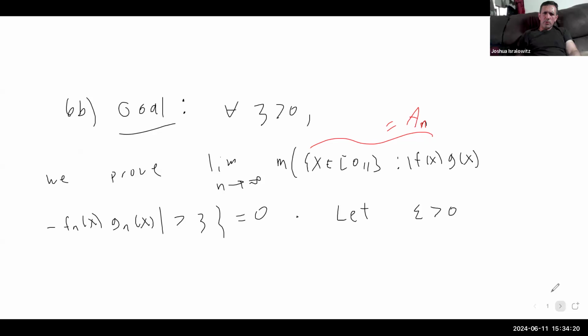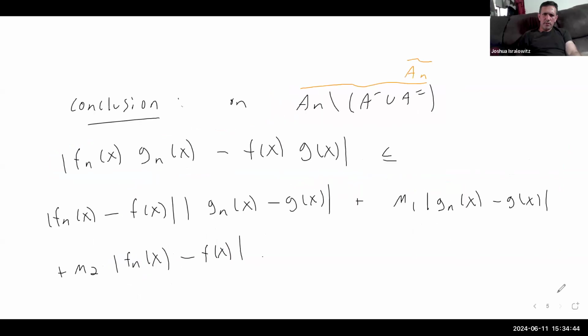Right, so let's use that we have convergence in measure of Fn to F and Gn to G. We have not used that yet. Yeah, okay.